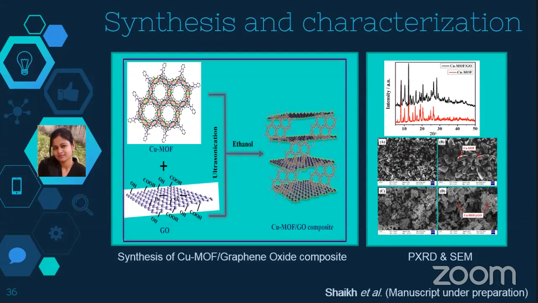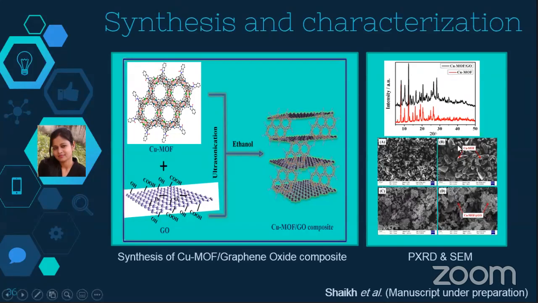You can see the single crystal copper MOF, and the difference between the powder XRD of the copper MOF as well as the powder XRD of the copper MOF with GO. Apart from all the peaks, there are some extra peaks at 25 which can be seen for the GO group.